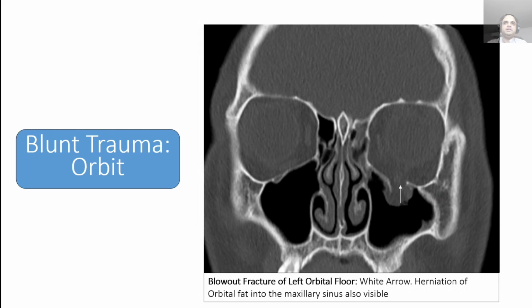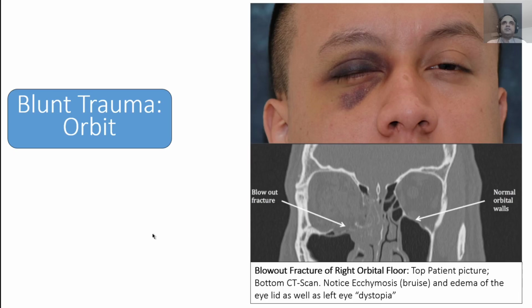And as you can see in this CT scan here, the left orbit has a fracture of the floor, and you can see herniation of the orbital fat into the maxillary sinus. This is a picture of a person who experienced trauma to the eye. And again, this time it is the right orbit, and you can again see that there is a fracture of the floor, which causes herniation of some amount of orbital fat.